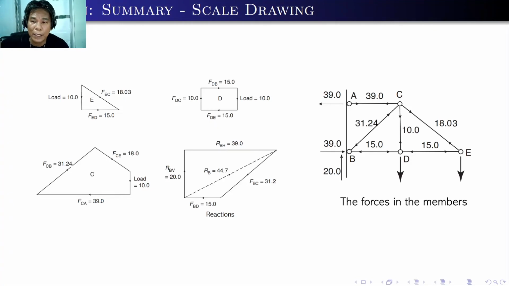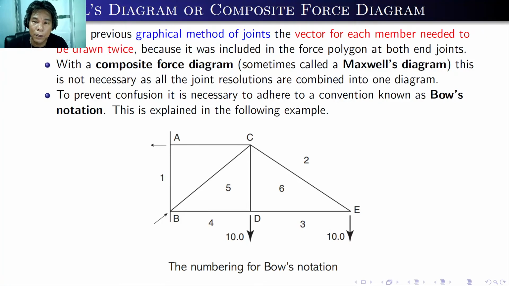But actually, we can just directly draw the whole structure because here we just introduce the equilibrium of polygon for every joint. But the problem is that there will be some duplications. So in the other method, the composite force diagram, or what we call the Maxwell's diagram, this is much easier to use than the previous one.